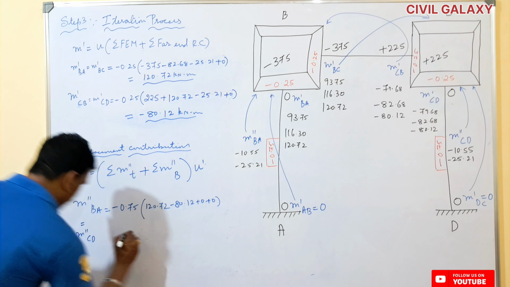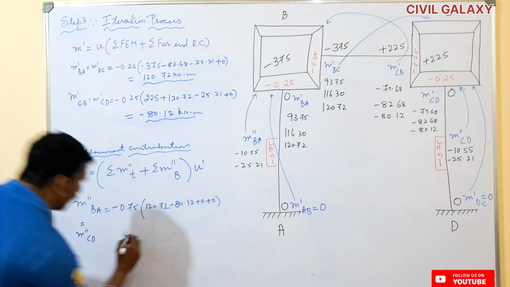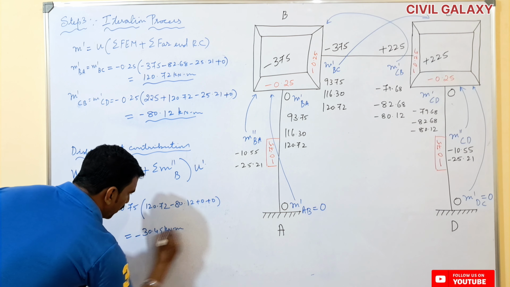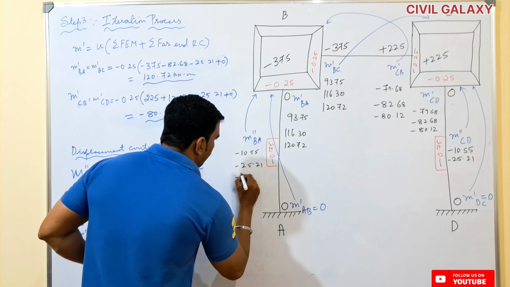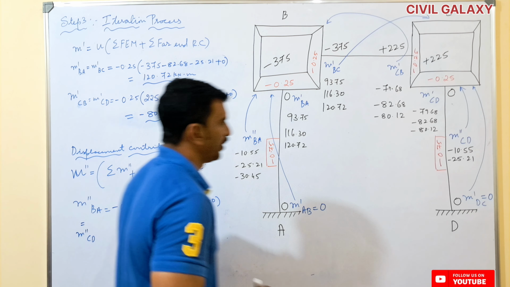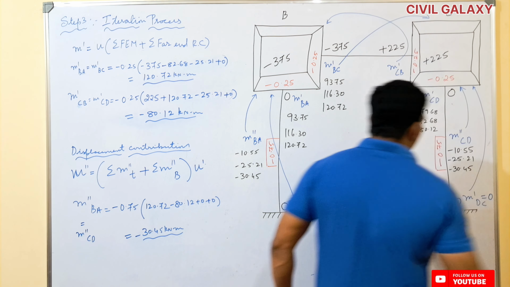So we are having a value of minus 30.45 kilonewton meters. So this value we will provide over here, minus 30.45 kilonewton meters. Here also minus 30.45.